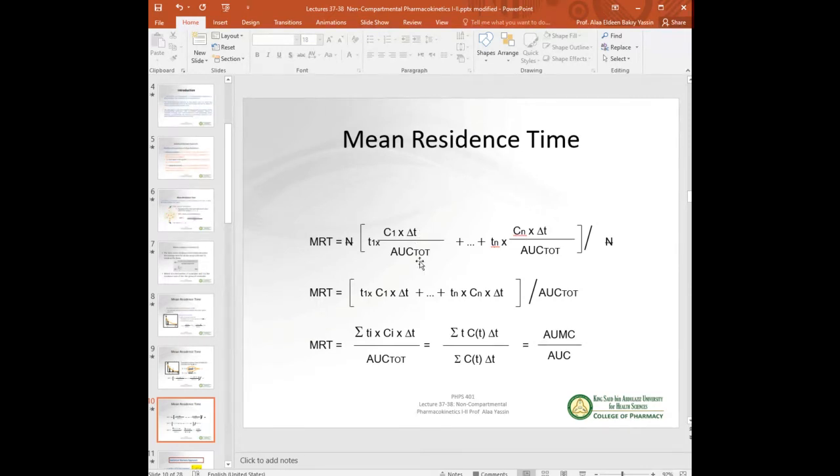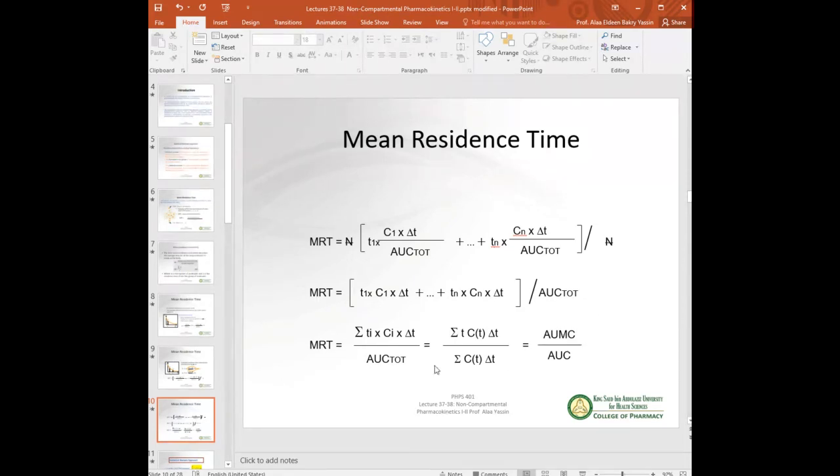Okay, and this brings this general formula: summation of Ti multiplied by Ci multiplied by delta T, which is almost the time point. If you add all this till infinity, you end up with something called the area under the moment curve, the area under the first moment curve.